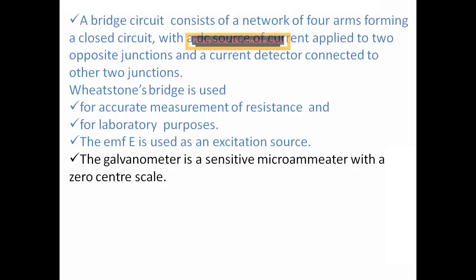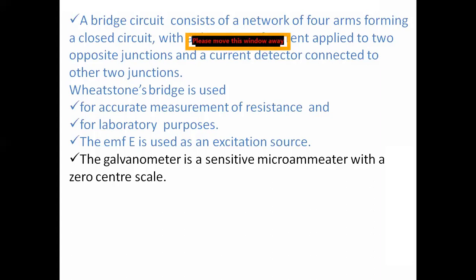In most analog meters, the reading starts from zero on the left side and goes to the maximum value on the right side.